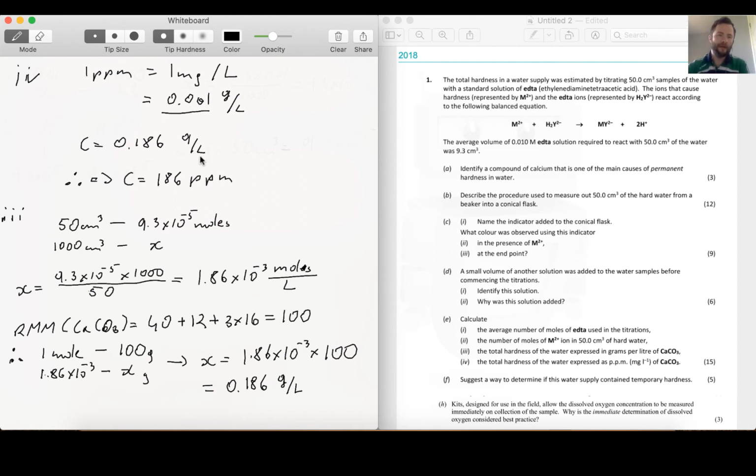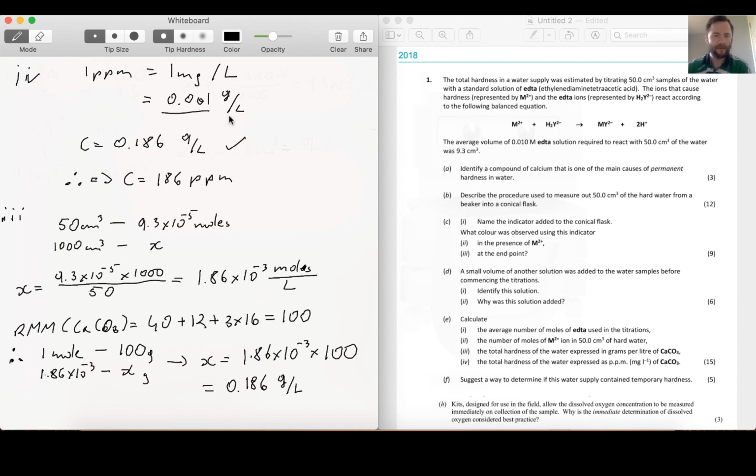So again, if I have the concentration in grams per liter, by knowing that 1 part per million is 1 milligram per liter or a thousandth of a gram per liter, I can turn that gram per liter concentration into parts per million. So I know that my concentration in grams per liter is 0.186.